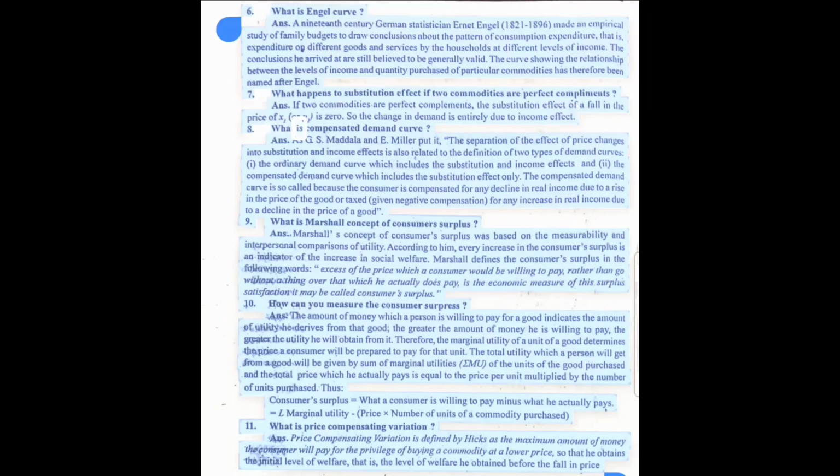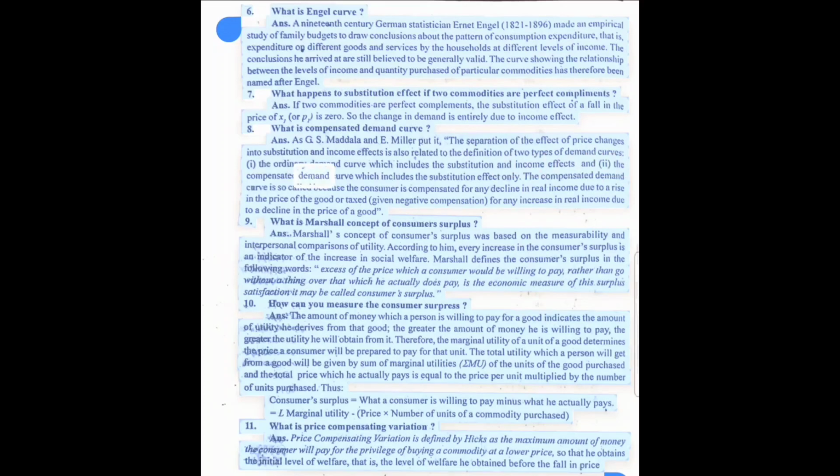8. What is compensated demand curve? Ans. As G.S. Maddala and E. Miller put it, the separation of the effect of price changes into substitution and income effects is also related to the definition of two types of demand curves. I. The ordinary demand curve which includes the substitution and income effects, and II.